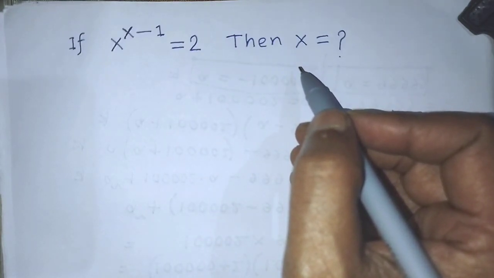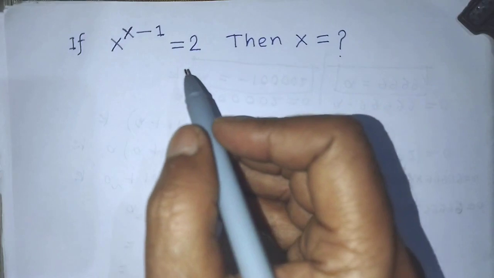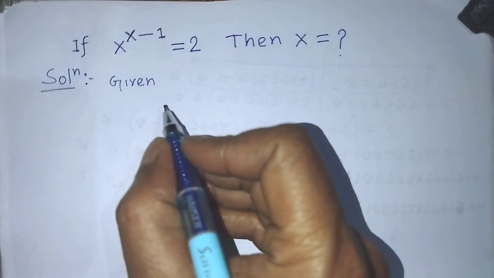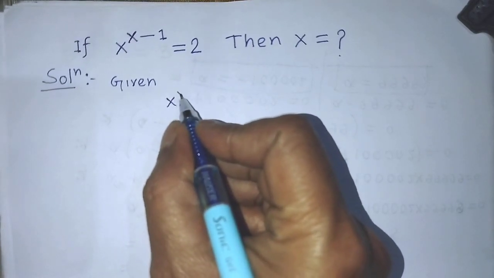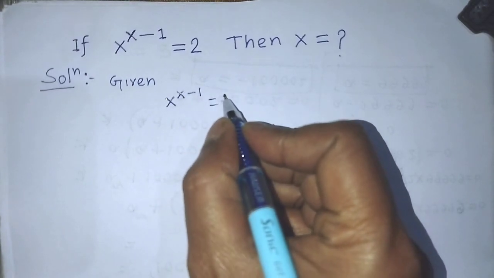So student, today in this video I am telling you how to find the value of x from this exponential equation. Our given exponential equation is x to the power x minus 1 is equal to 2.